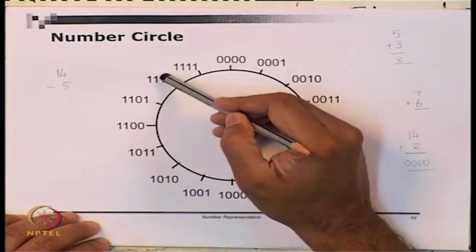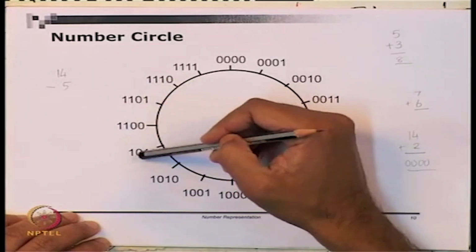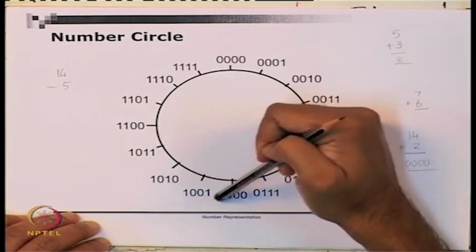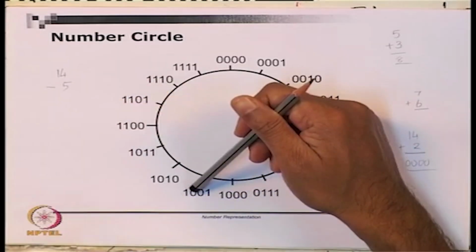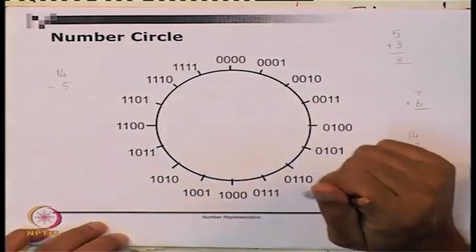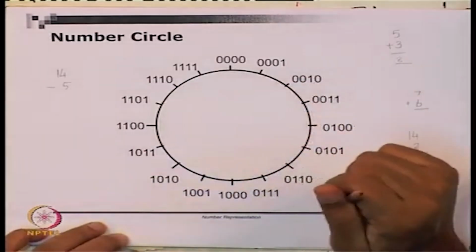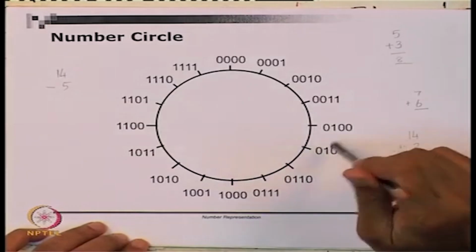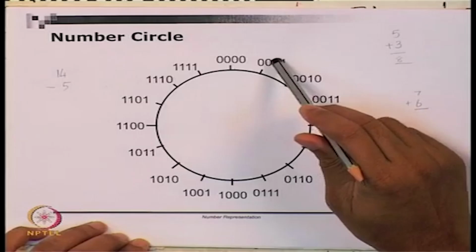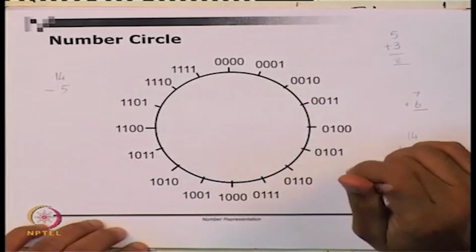You start from 14, go 5 steps backward, 1 2 3 4 5, and that is 1 0 0 1. So, 14 minus 5 is 1 0 0 1, or 9, which is correct. Let me try another example. Let us say I do 5 minus 4. 5 is 0 1 0 1. If I go 4 steps backward, 1 2 3 4, the result is 1, so we are good.